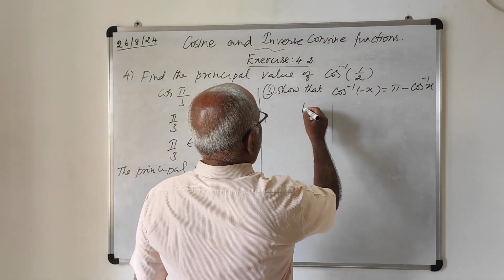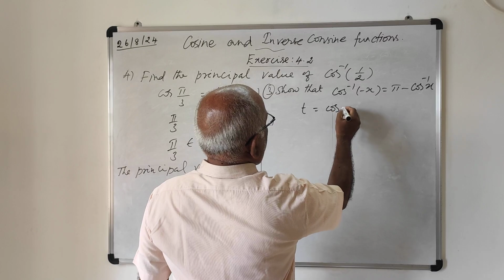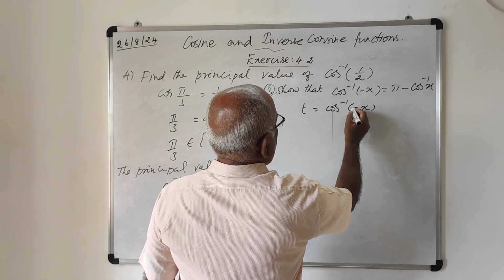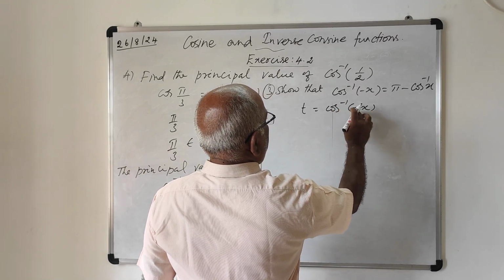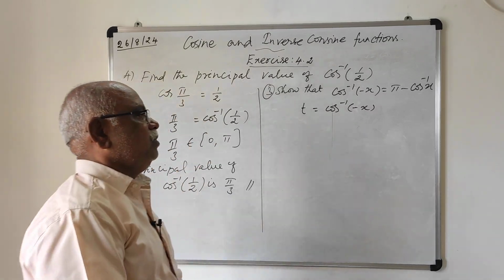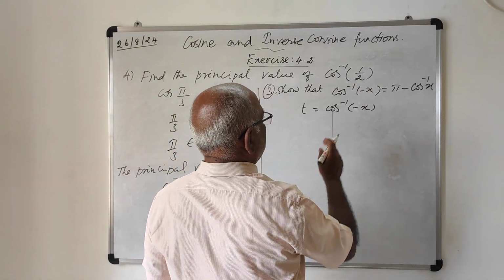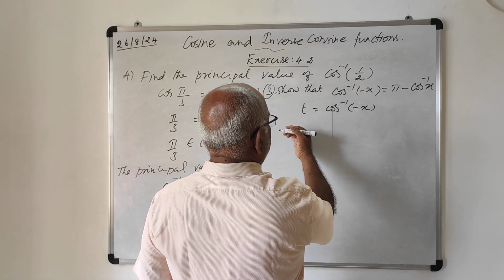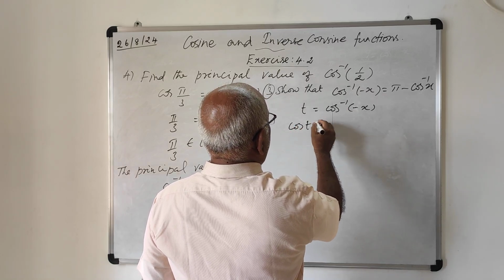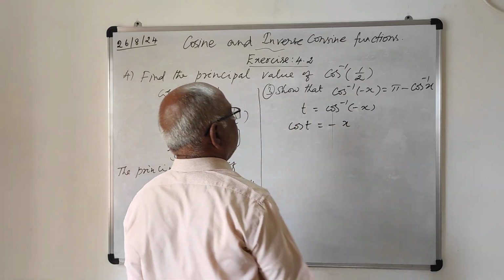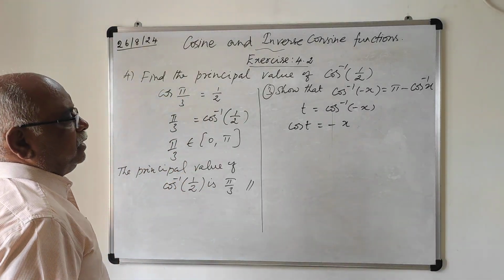You first substitute t equal to cos inverse of minus x. From this, taking cos on both sides, cos t equal to minus x.